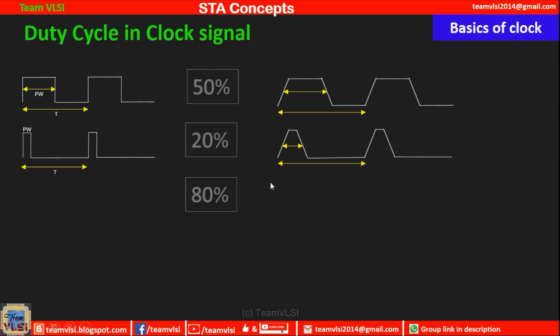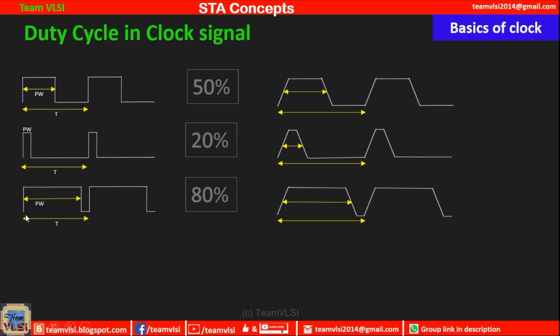And how will an 80% duty cycle clock look? It has a very wide pulse width, so it will be on for a longer time and off for a shorter time. So these are unbalanced clock signals.